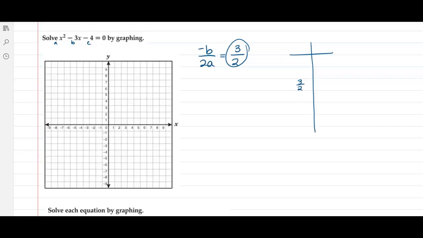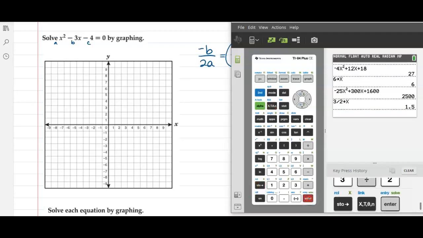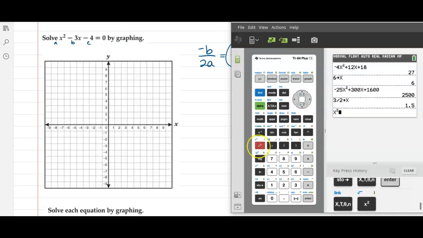And when we put that back through our function, I'm going to calculate it. Just sub in 3/2 for x, and then I'll type the function x squared minus 3x minus 4.